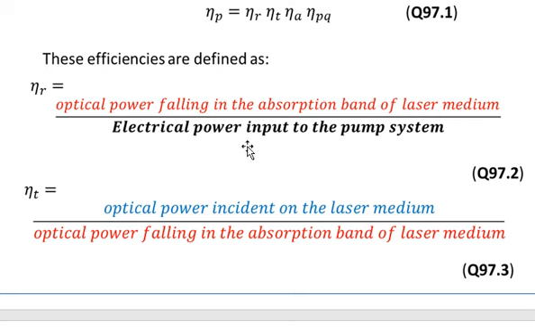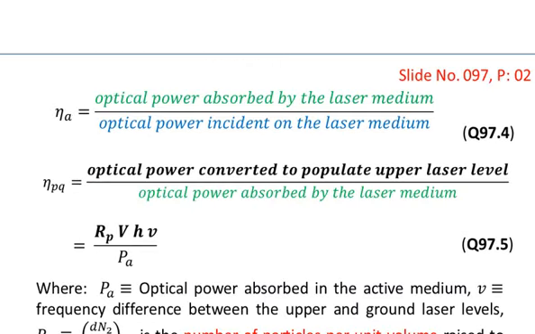If we represent the electrical power input to the pump system by PE, and the optical power converted to populate the upper laser level by PM, then eta P will be equal to PM over PE, where M is the subscript with P and E is the subscript with E. So eta P is equal to PM over PE.